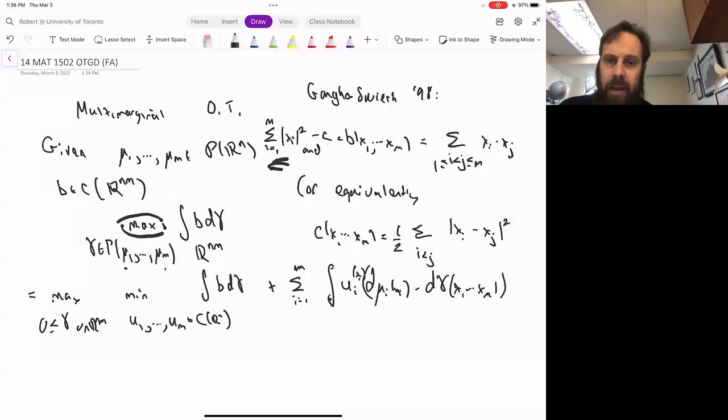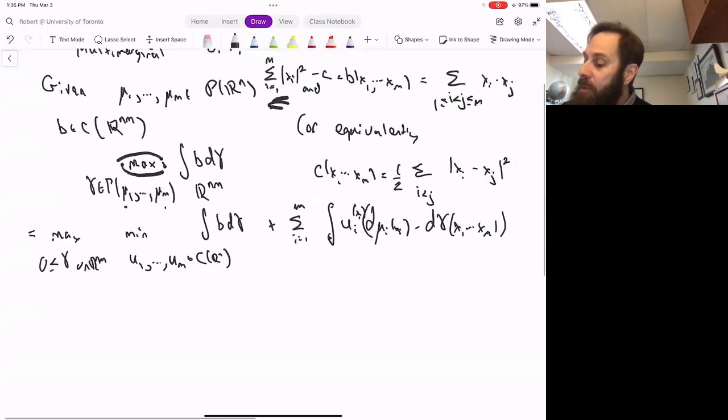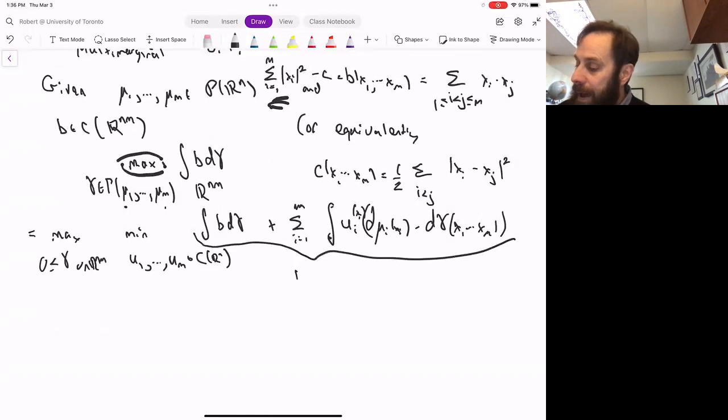Let me do something heuristically formal. The point is that this objective is now bilinear, or affinely bilinear, in gamma on the one hand and u_1 up to u_m on the other.